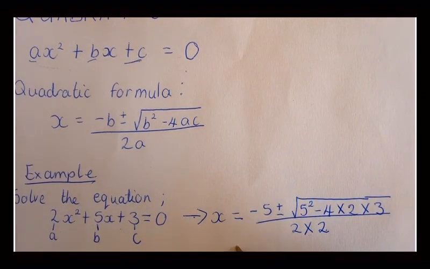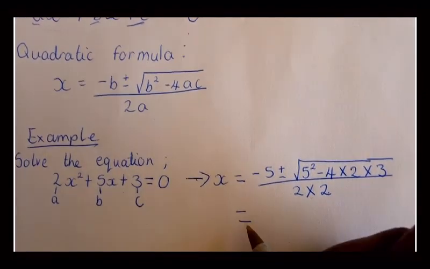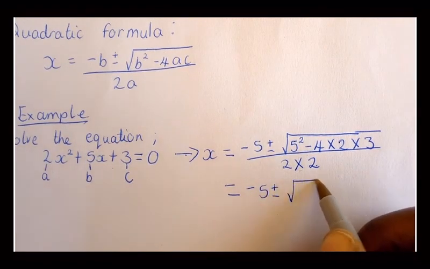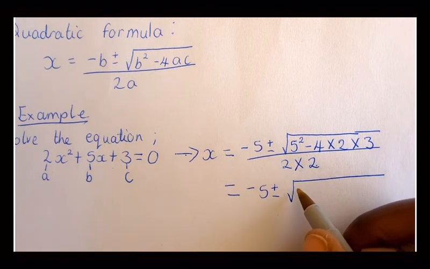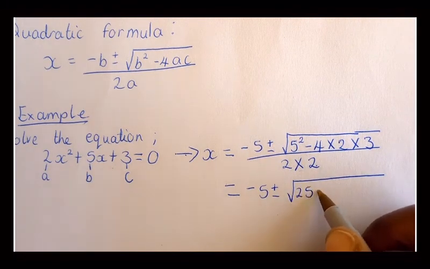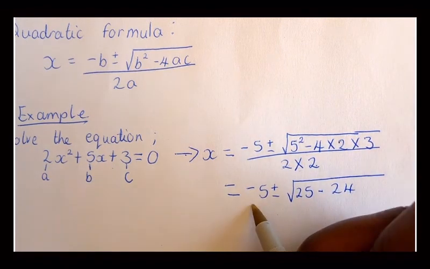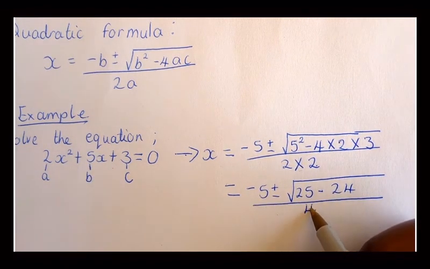So we then say this is equal to negative 5 plus or minus the square root of 5 squared, 5 times 5 is 25, minus 4 times 2, 8 times 3, 24, all over 2 times 2 is 4.